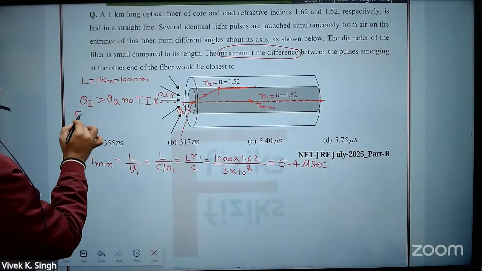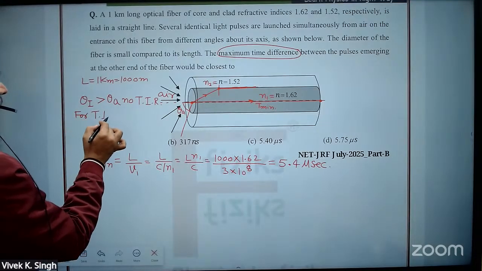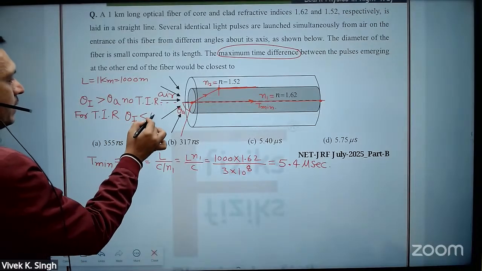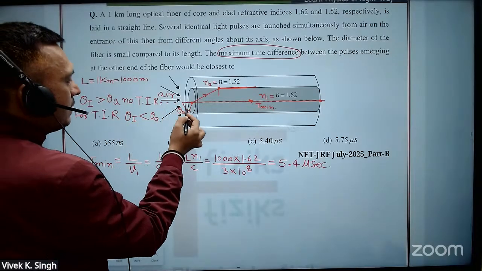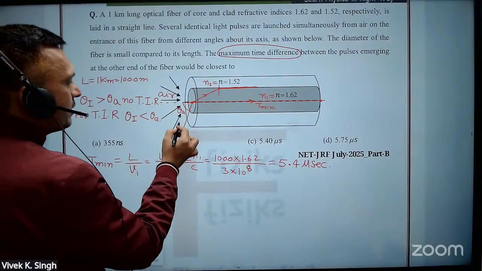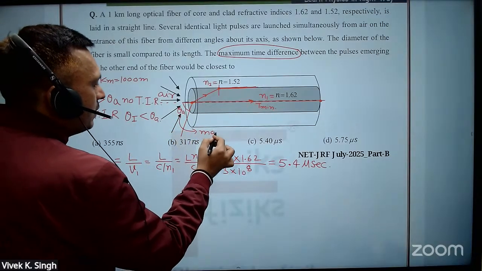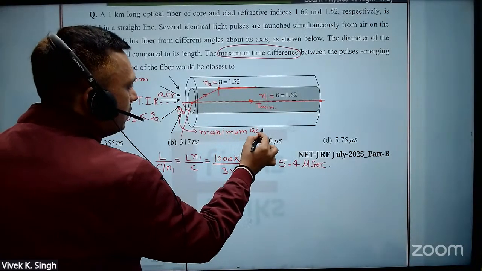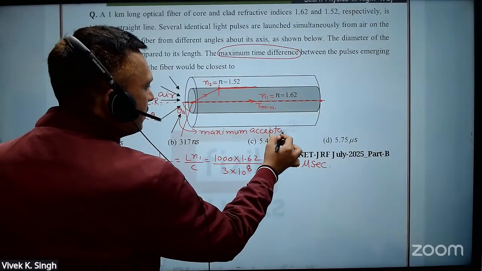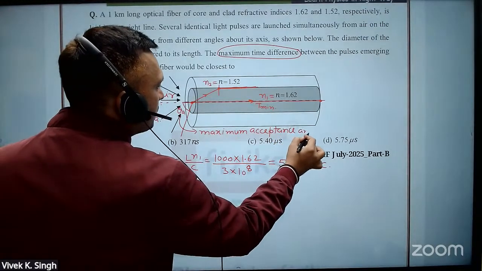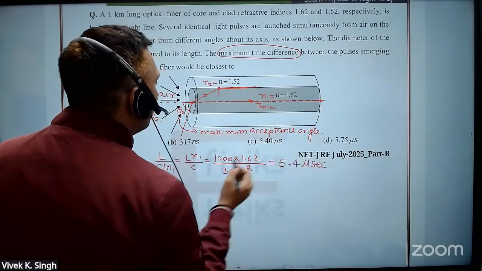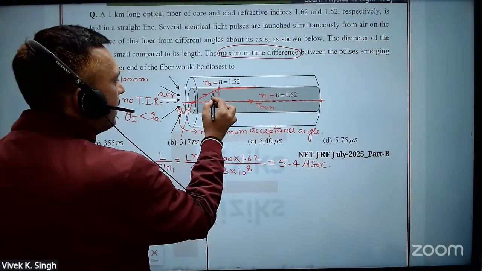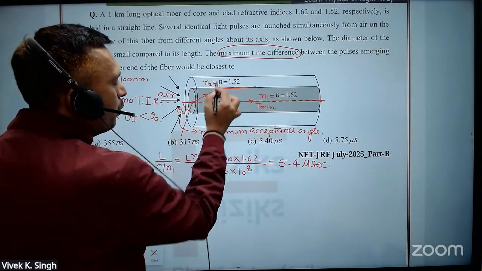So for TIR, theta I should be less than theta A. So that's why I'm calling theta A the maximum acceptance angle. Let's say at this point, this is the critical angle that will be satisfied at the core cladding interface.